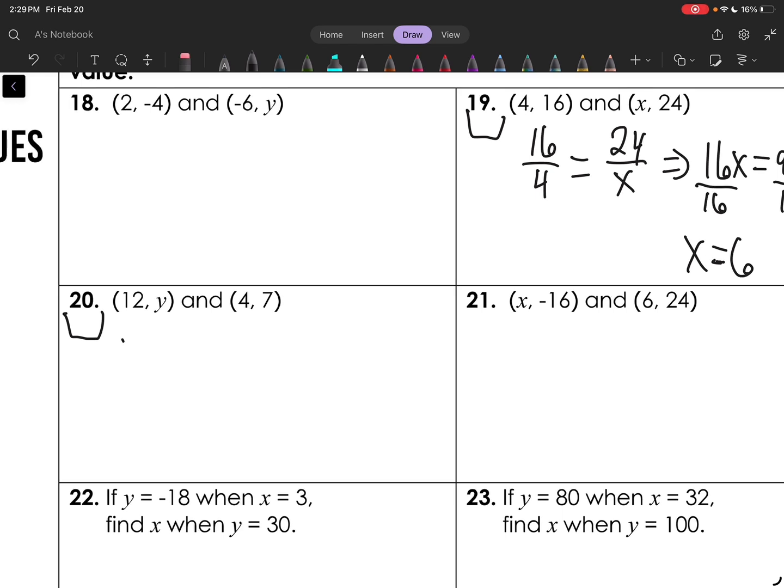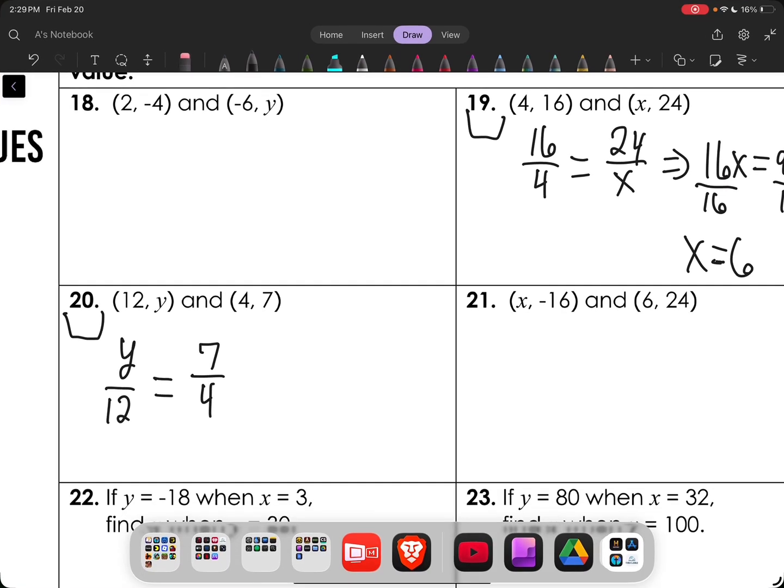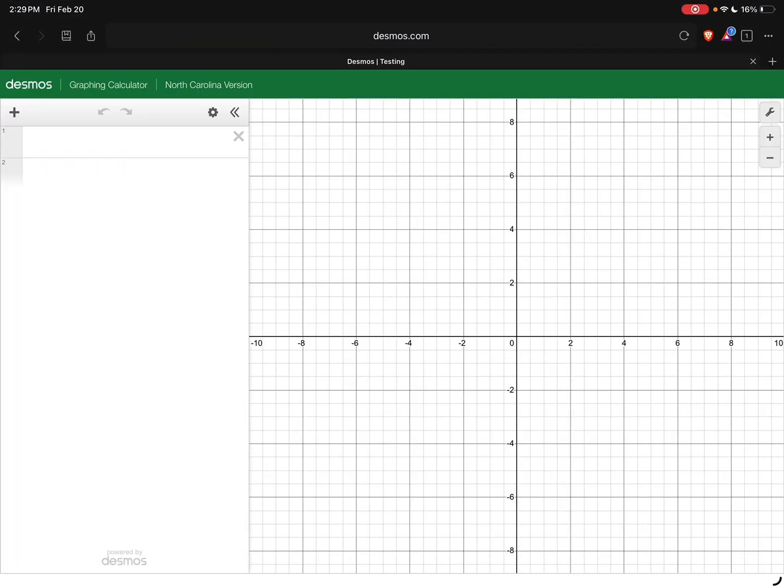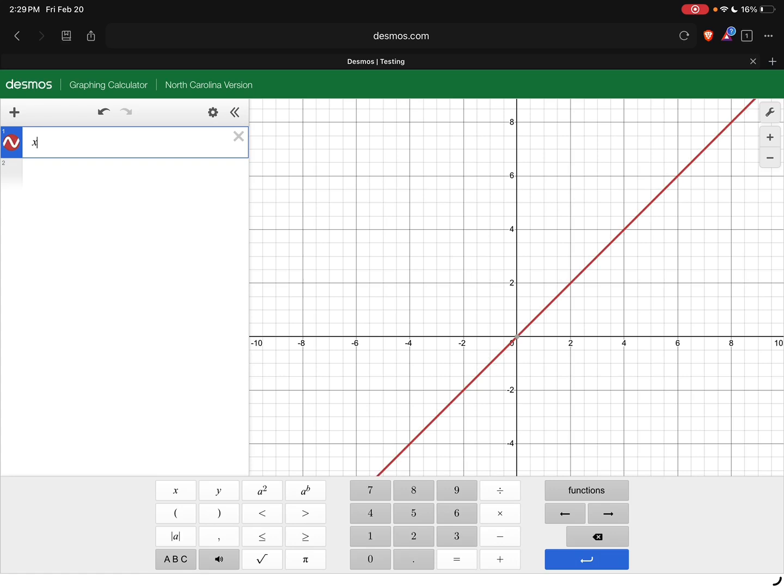Number 20. Y over x, so y over 12 equals 7 over 4. You can multiply by 12, or you can use Desmos if you so choose. The key thing to remember, you have to put x instead of y.